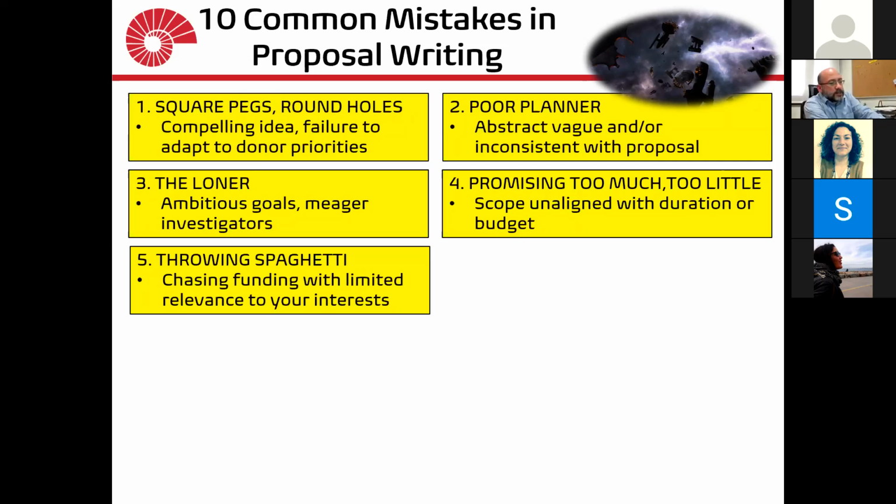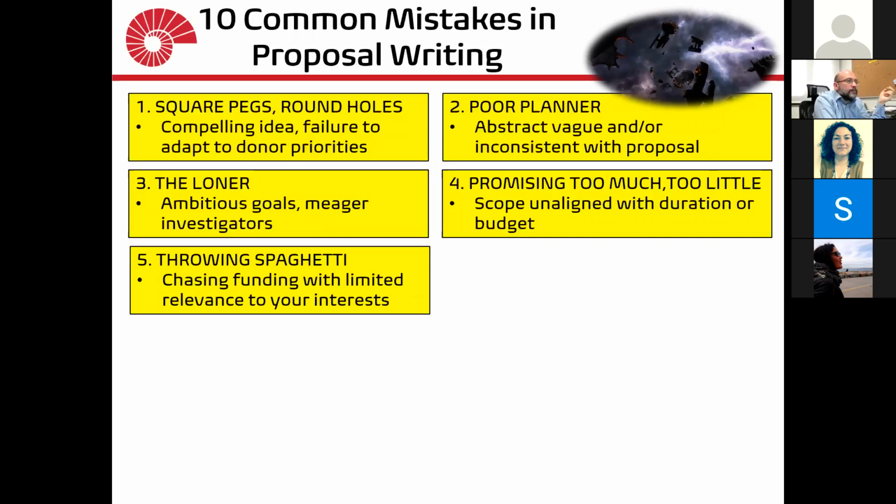There's another common mistake called throwing spaghetti, so to speak, which is also very common. It might not be a mistake in itself, but sometimes people might feel that they have to do that. You are chasing funding because you have to have funding, but the funding schemes that you find do not talk directly to your interests.